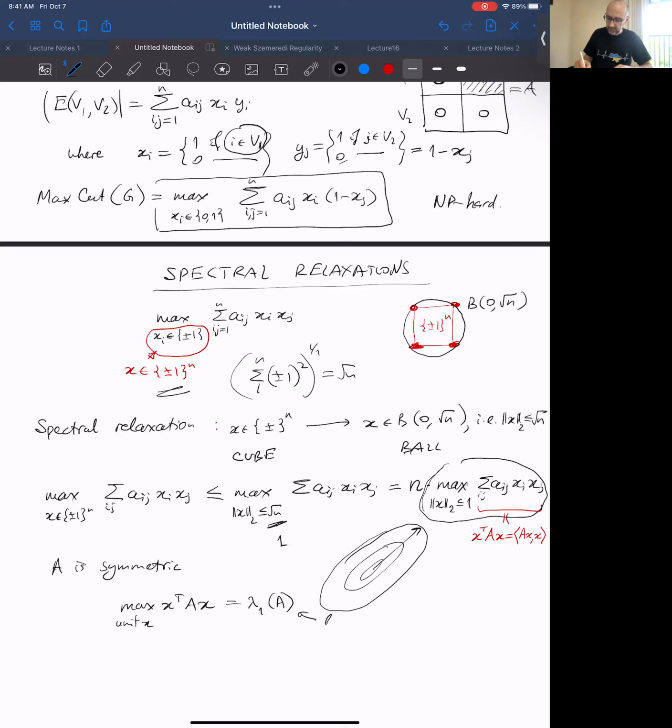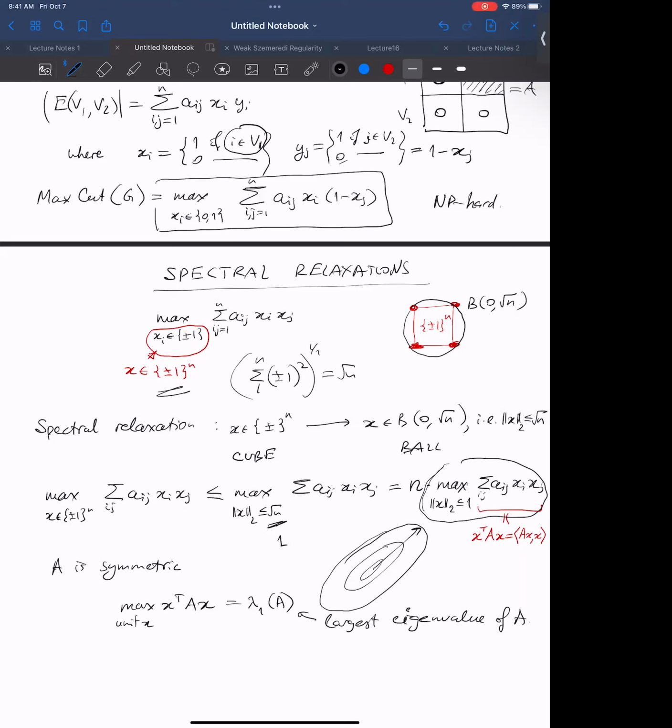So this is the largest eigenvalue of A. I could try to explain. Yeah, I was trying to see if there is a quick proof of that, like in one line or two lines.